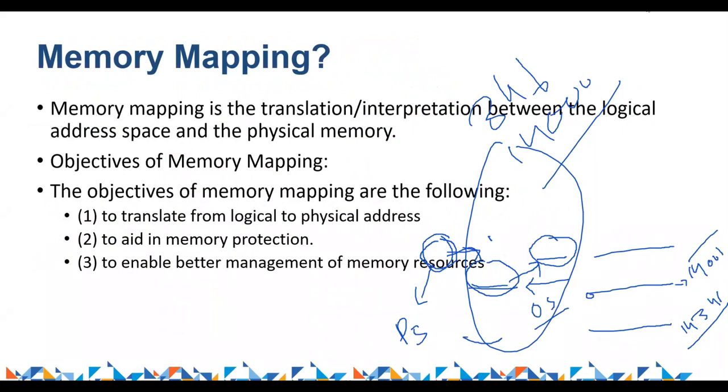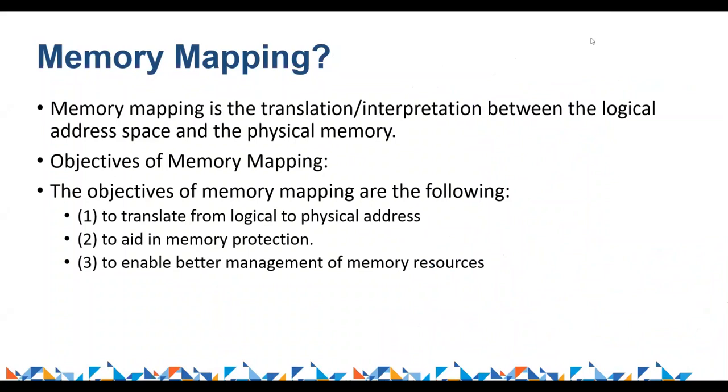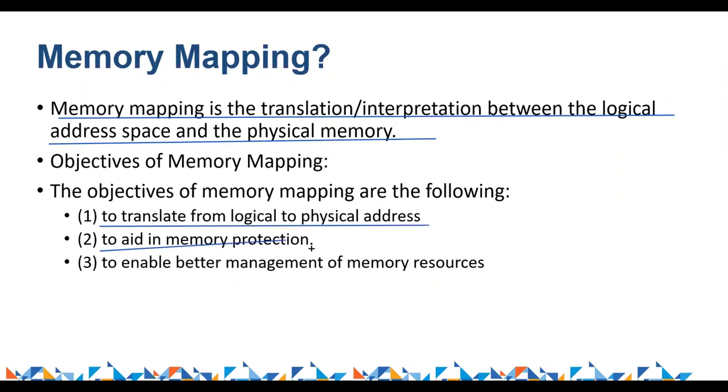Okay guys, so as I told you before, memory mapping is a process. Memory mapping is the translation or interpretation, you can say it's a process of translation between the logical address space and physical address space. The objective of this process is to translate from logical address to physical address, to aid in memory protection, and to enable better management of memory resources.